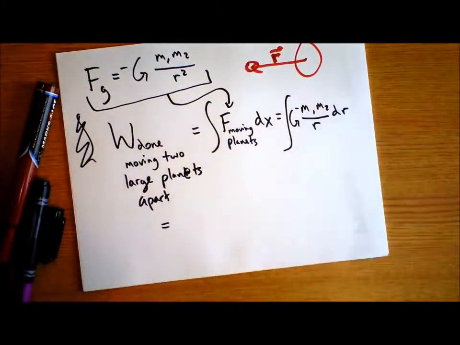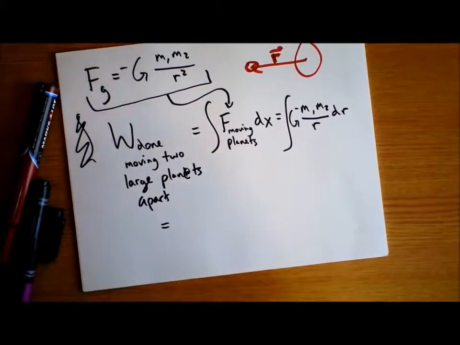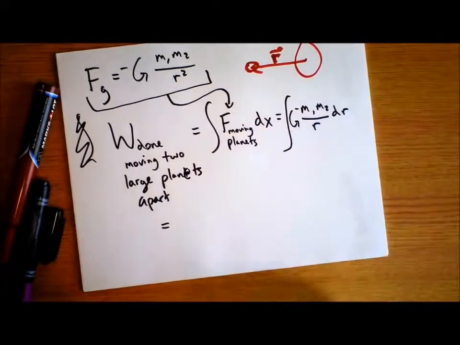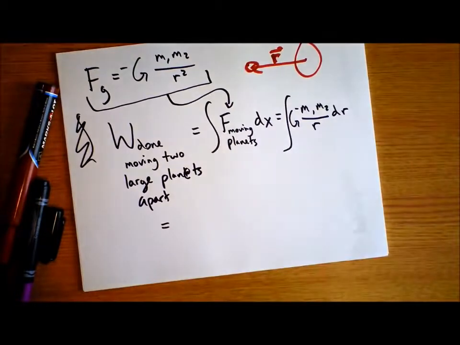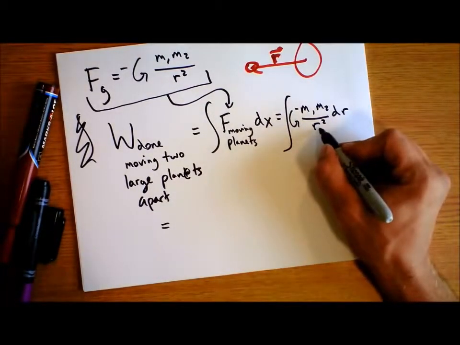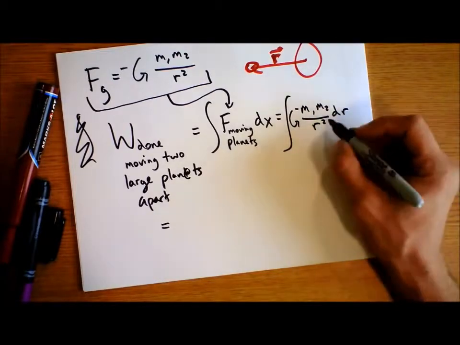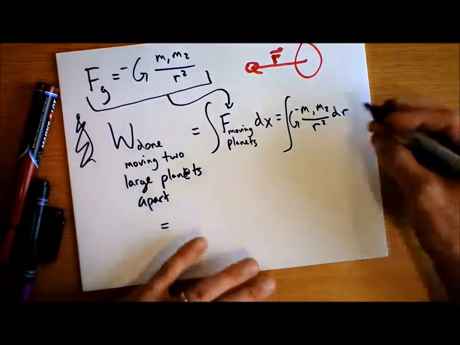So let's put another equal sign down here. Does the universal constant of gravity change while we move apart two planets? Gee, I hope not. Does the mass of the planet change as we move them apart? No. The mass of the other planet? No. What about the distance between them? That should be squared. Notice I just changed that. Sorry, big mistake. That was squared up here. It should be squared right there.